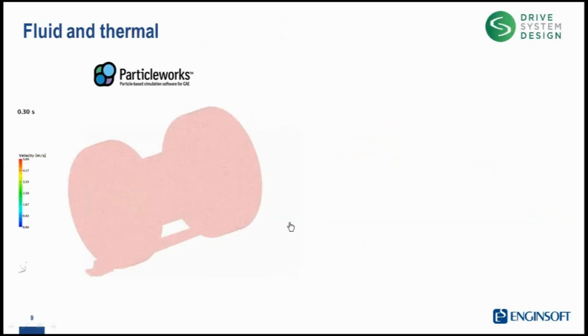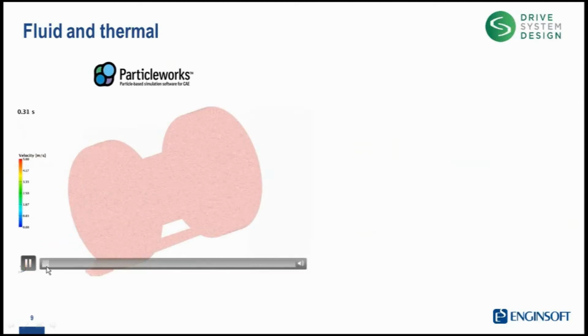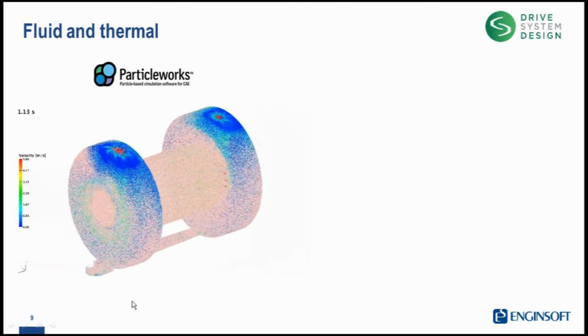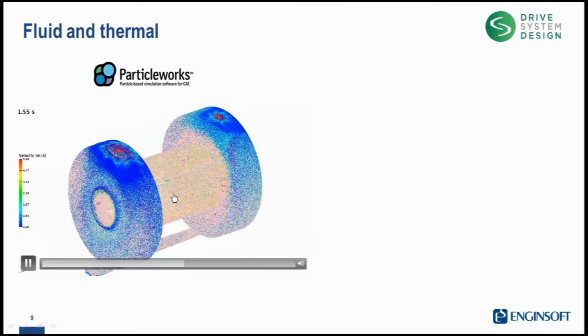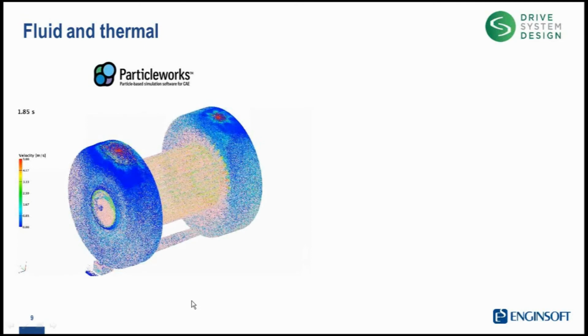So in this study, they wanted first to understand what the oil distribution was. In this video, you will see in bluish the oil volume, while in pink, there is air. So there is also a combination of the two materials, two fluid-like or particle materials.